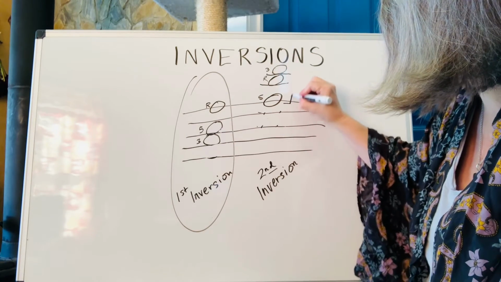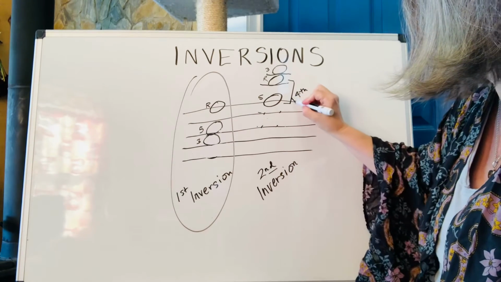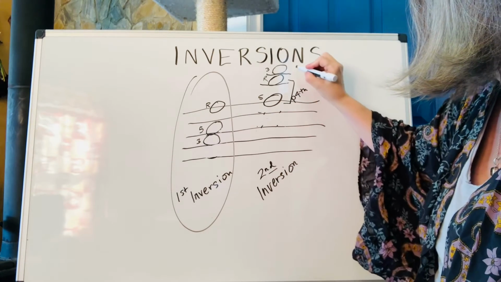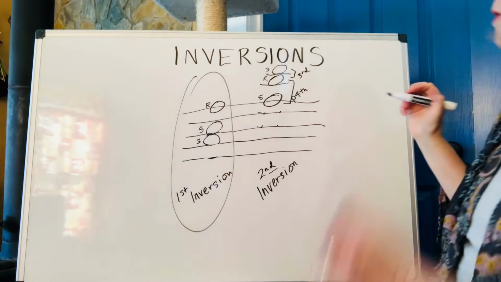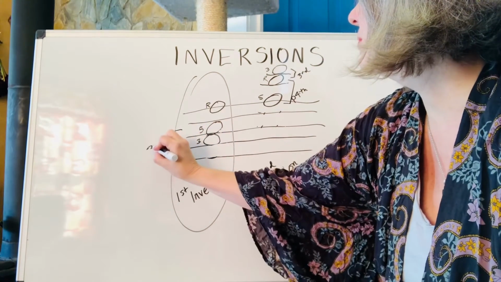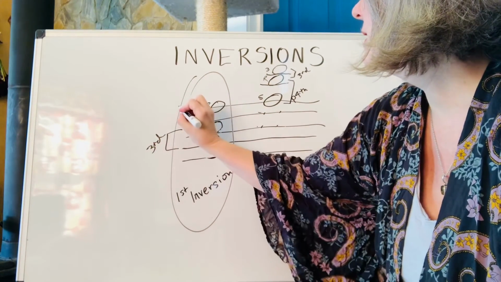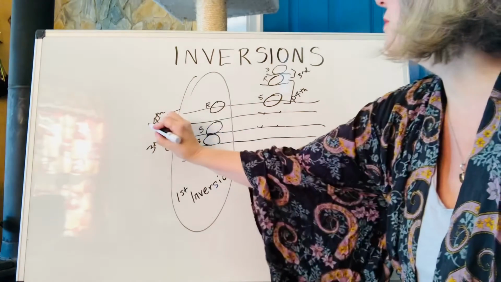So now we've got a perfect fourth, and then the third on the top. Here we've got the third on the bottom and the fourth on the top. Perfect fourth.